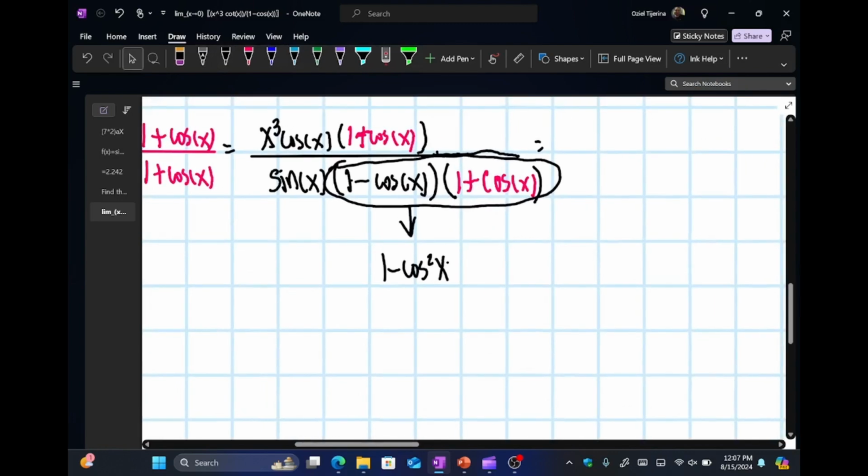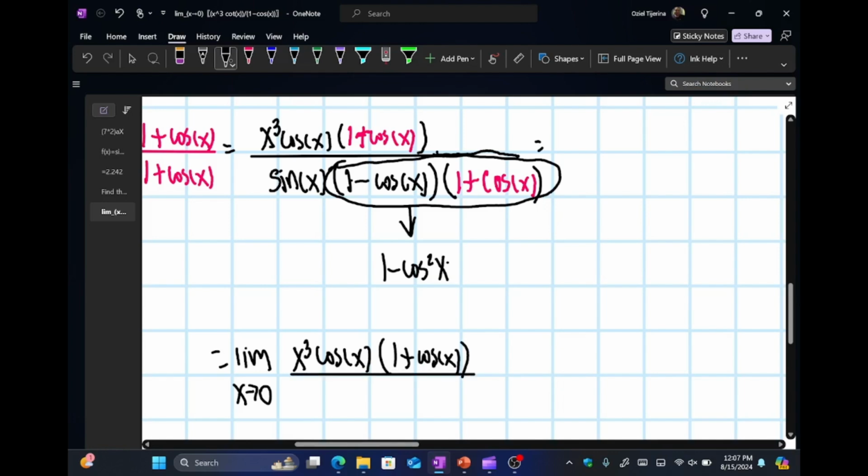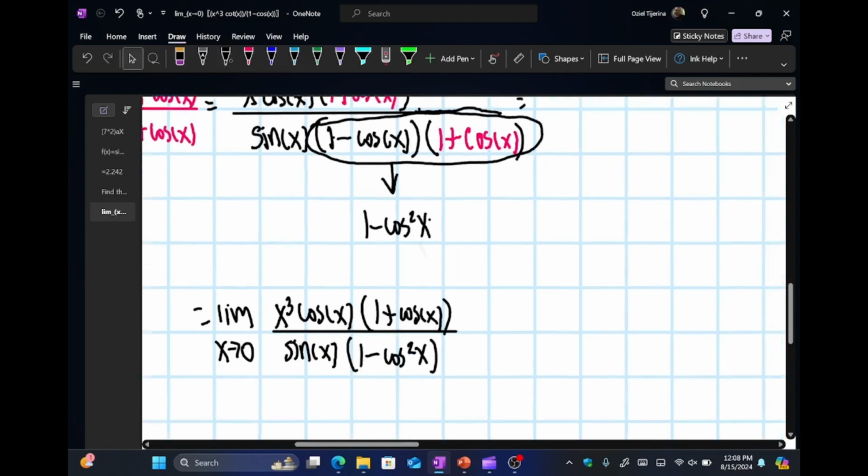So this is going to equal the limit as x approaches 0 of x cubed cosine x times 1 plus cosine x over sine x times 1 minus cosine squared x.